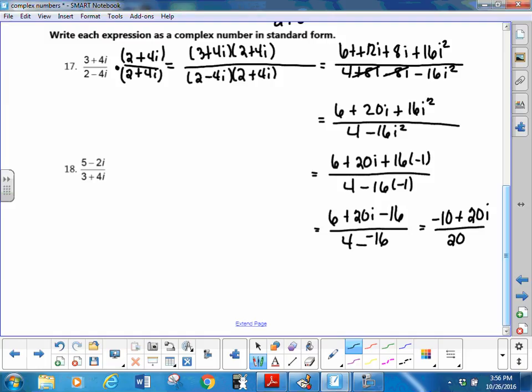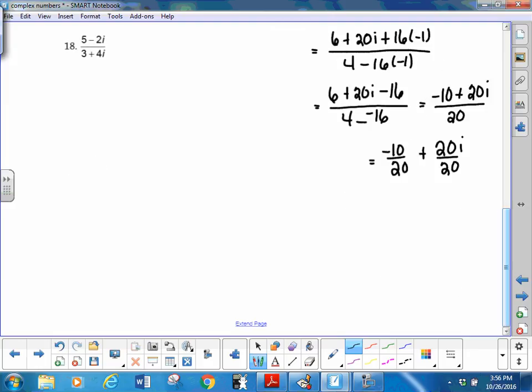That's correct, but we're still not finished, because if you remember, we've got to get all of our real stuff together, and all of our imaginary stuff needs to come after that. So I'm going to break it up. If I break it up like that, which is equivalent, I have my real stuff first and my imaginary part second. That's the A plus BI form.